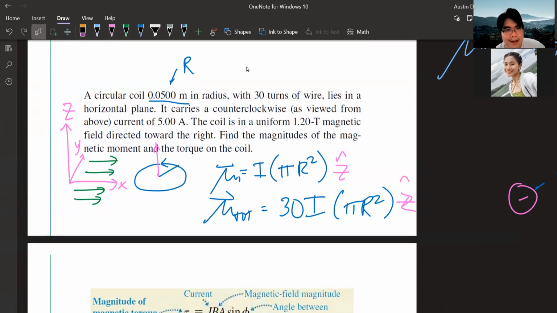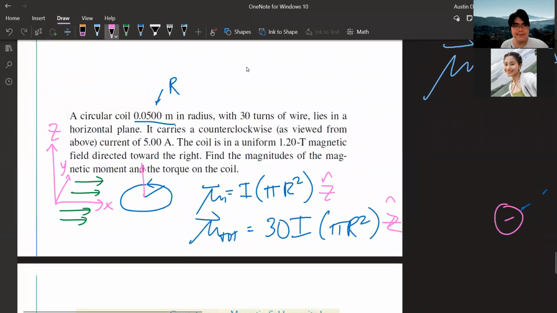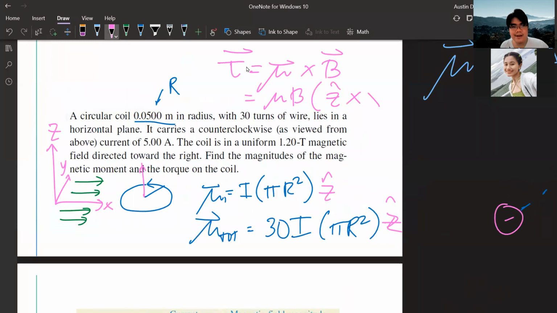And then the magnitude and the torque. So the torque is mu cross B. Therefore, what happens? So this is mu B, tapos z hat cross x hat. Z hat cross x hat.